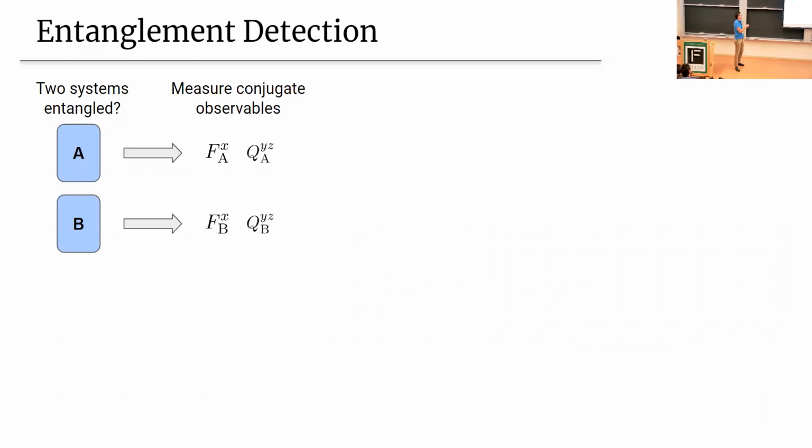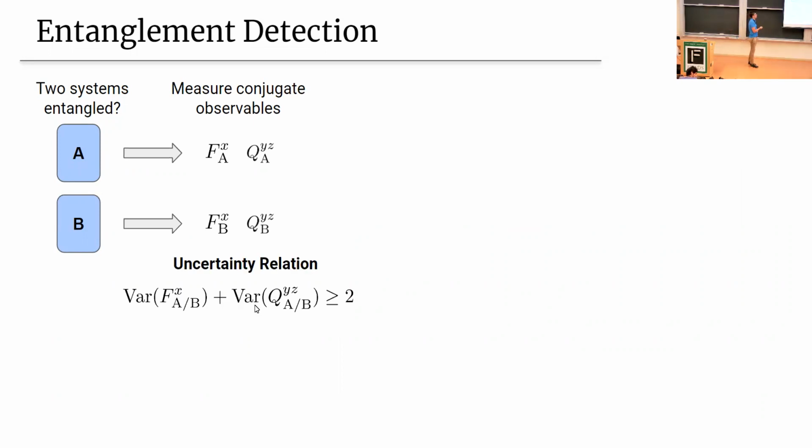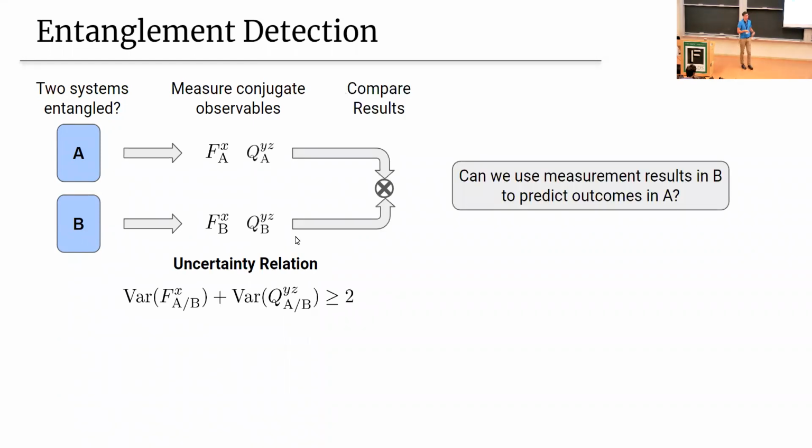If you have two systems, A and B, and you want to know whether these two are entangled, you measure two non-commuting observables, which in our case are this F and Q operator, and you measure them on each system. Since they are non-commuting, you know that they obey some uncertainty relations. And then in the end, you compare your results.